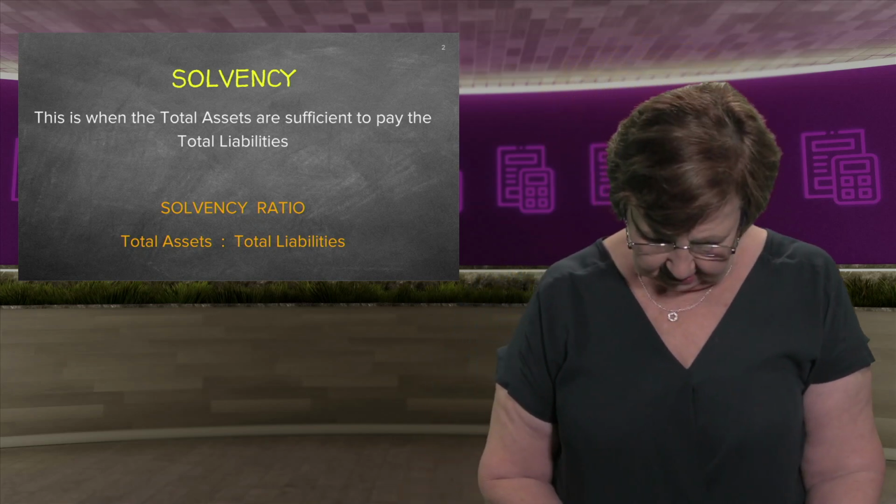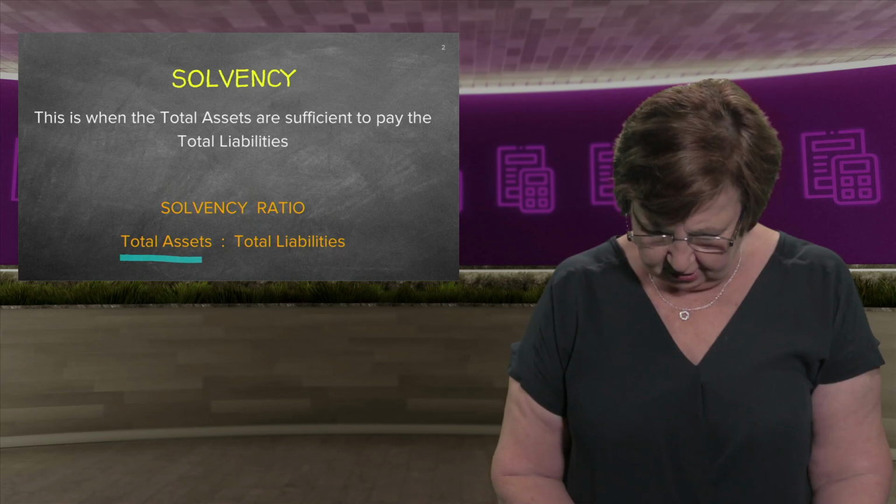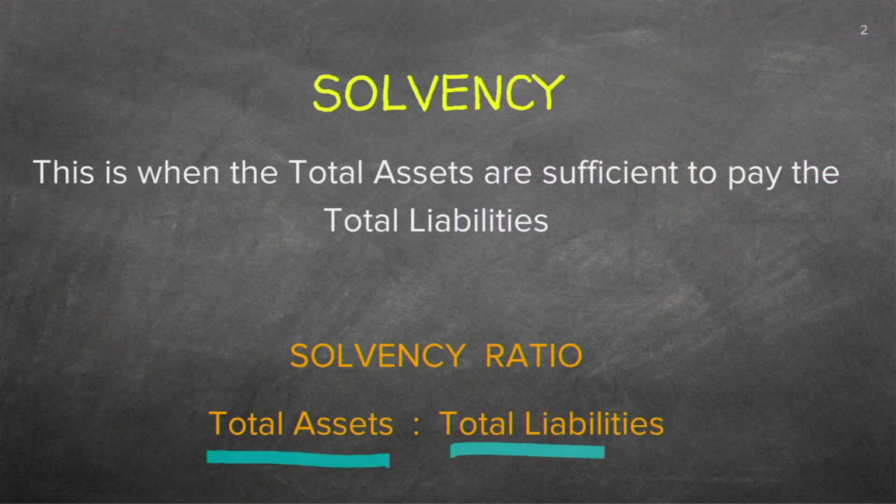So let's have a look at the slide. Here I've got total assets as to total liabilities. Now, as I told you previously, if I have my colon there, to the right, I must always have a 1. So when we look at this ratio, let's say, for example, this was 4 as to 1.